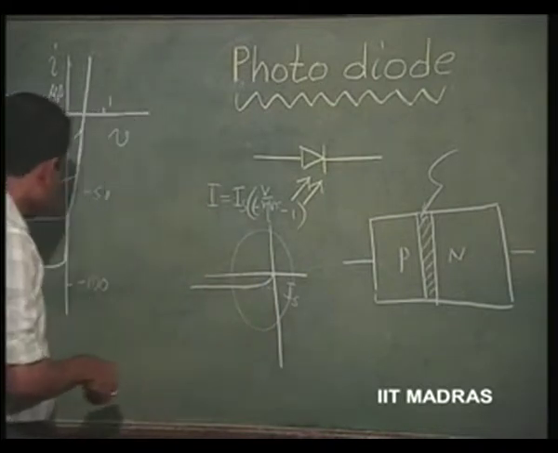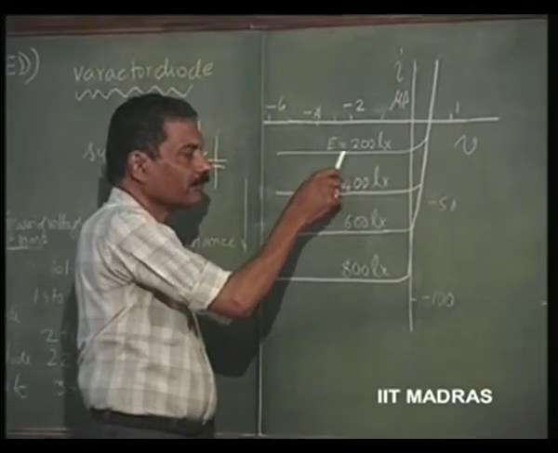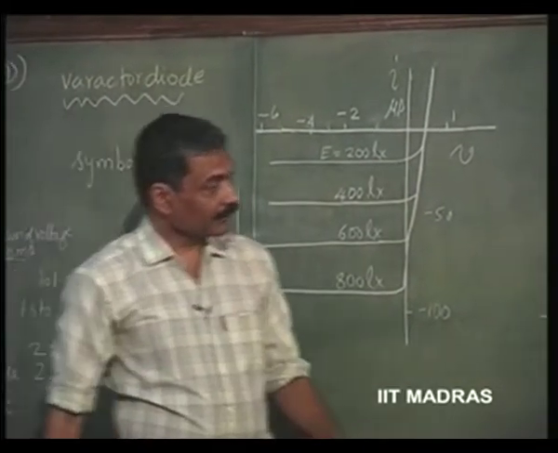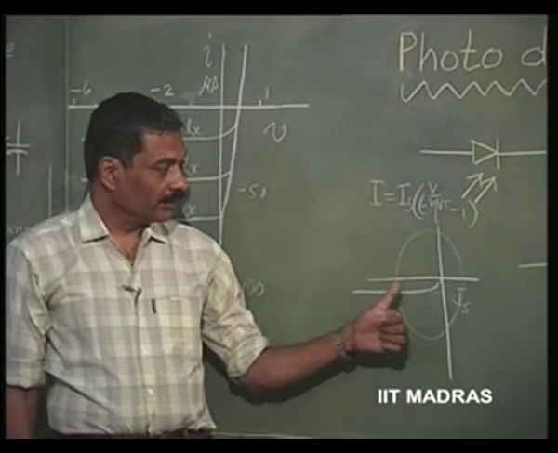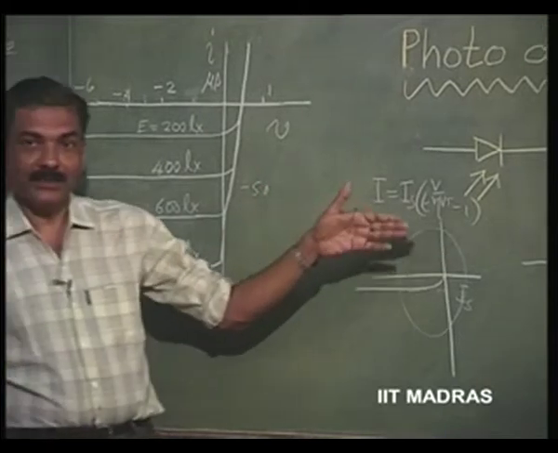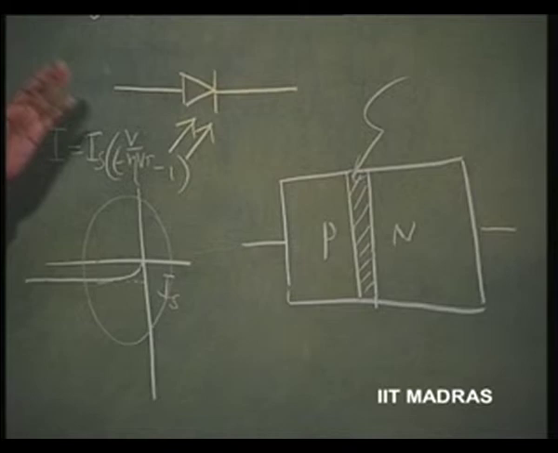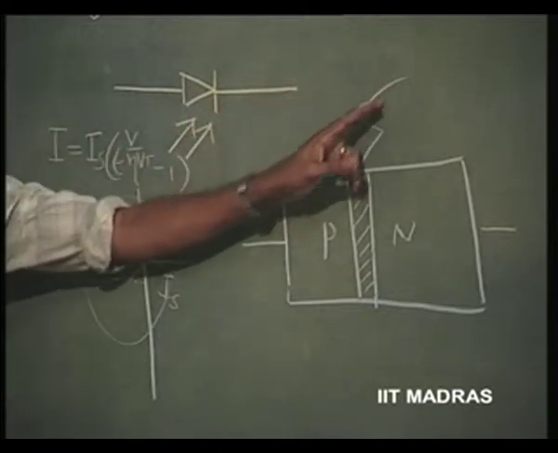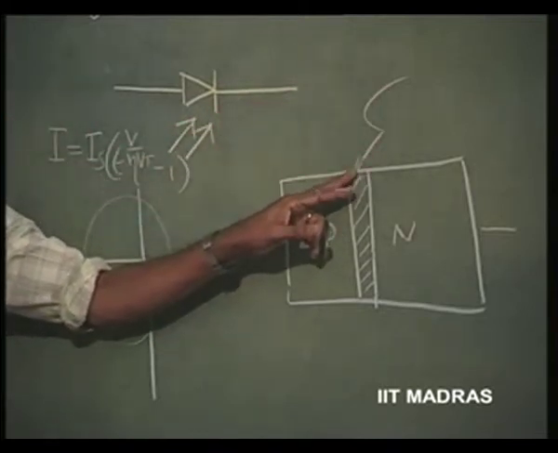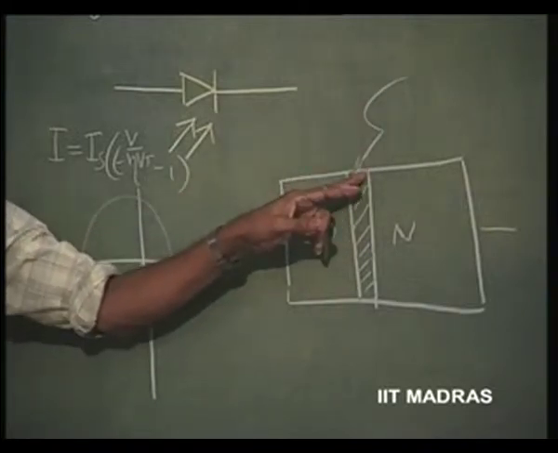That means the characteristic will now look like something like this. So, basically remember that you are increasing the reverse saturation current and providing a sustained reverse saturation current of increased magnitude by giving light energy here. This is the source from which it gets the energy.